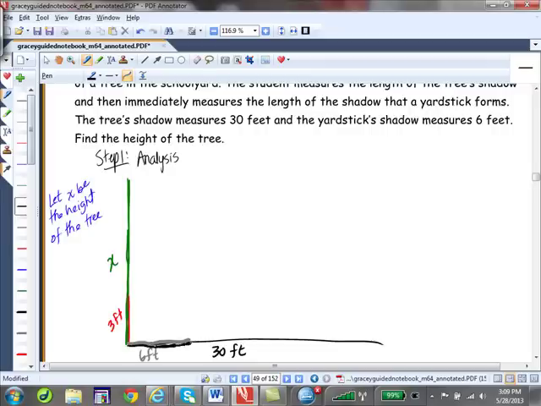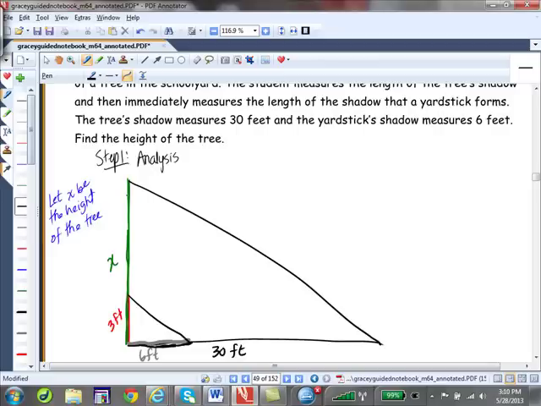So what ends up happening is you've got this triangle and then you've got this triangle. Okay? They both share a 90-degree angle, and these angles are the same based on properties of parallel lines.